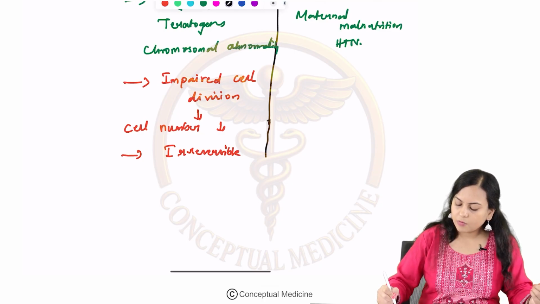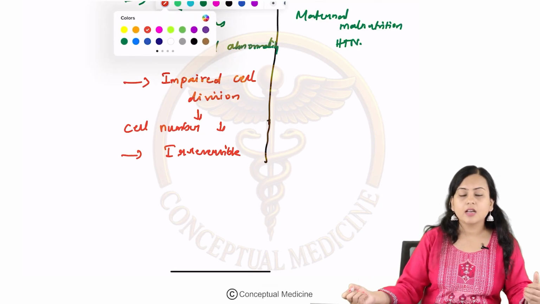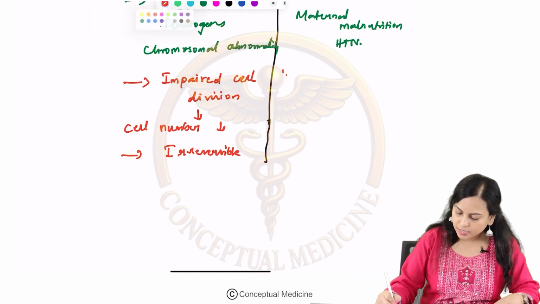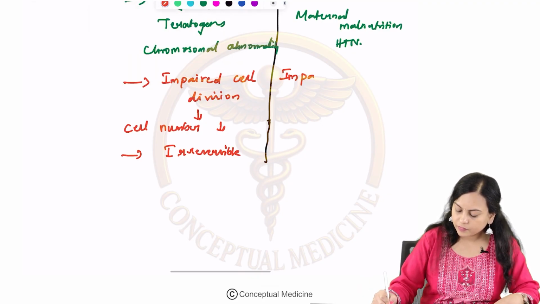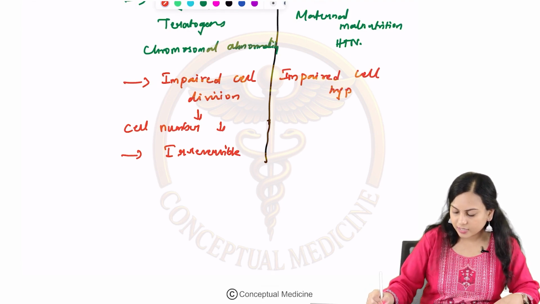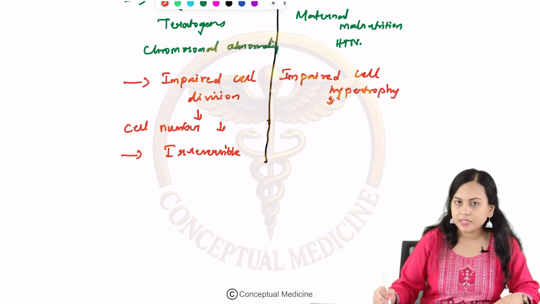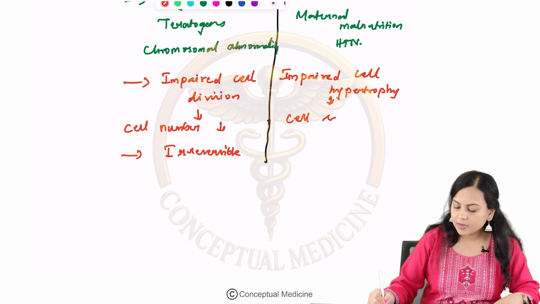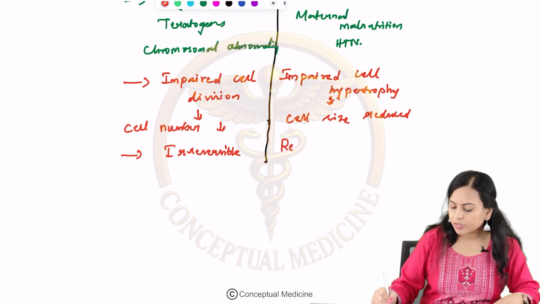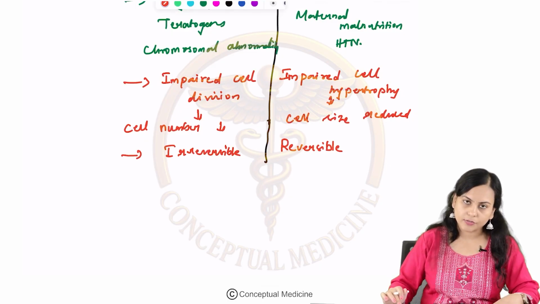And what is the pathology in the asymmetrical IUGR? This happens mostly due to impaired cell hypertrophy. Okay. So, what happens here? Cell size is reduced. So, since the cell size is reduced, this can be reversible also.